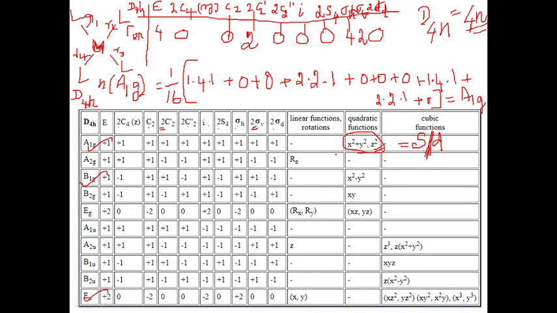This A1g term depicts that there may be involvement of s orbital or d orbital. Next, B1g. In B1g, I have the term of dx squared minus y squared. So this involves dx squared minus y squared orbital.